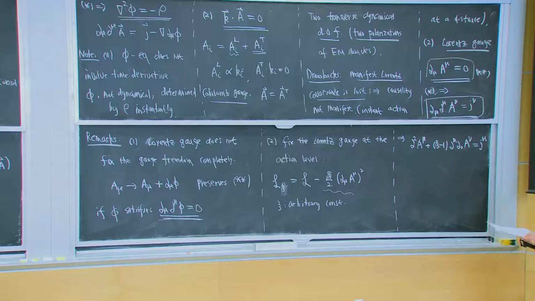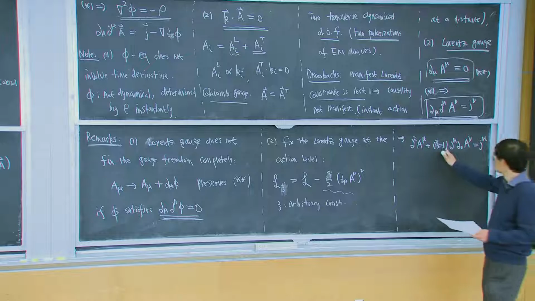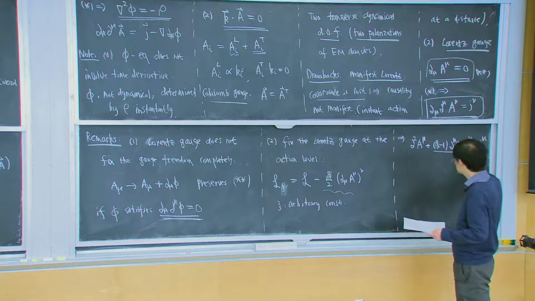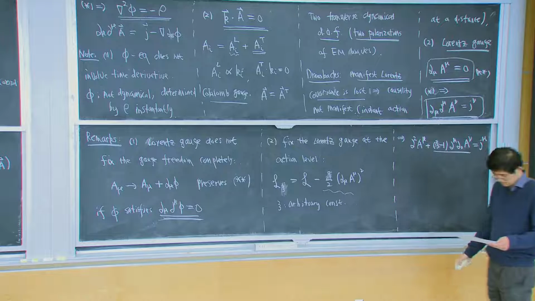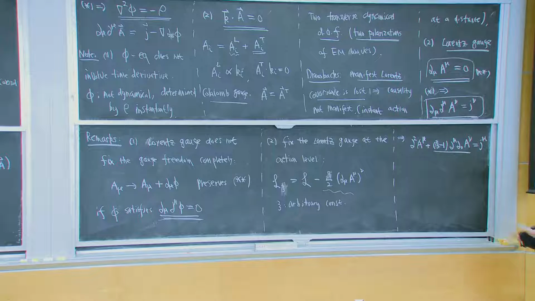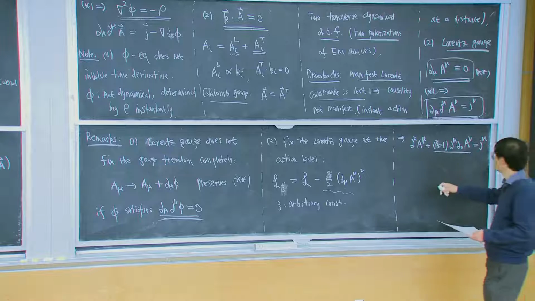So you see an equation like this. You get this new term because of the new term in the Lagrangian. Now let's act partial mu on both sides.